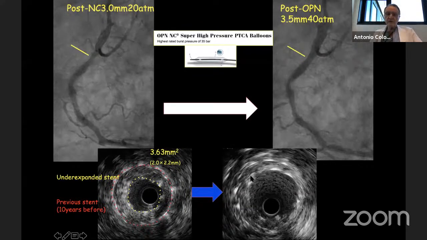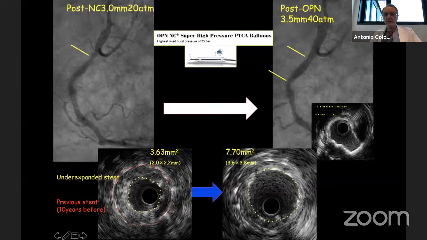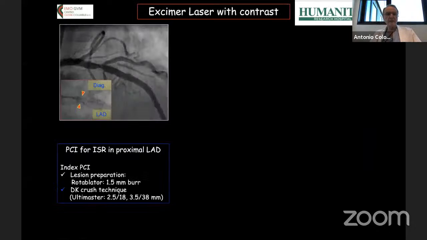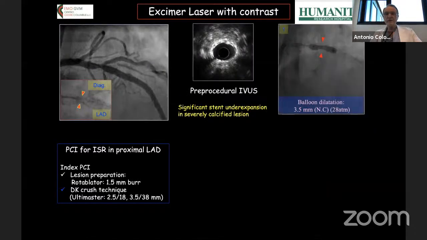This is not always free of complications. Sometimes you may have a vessel rupture. So be a little bit careful, especially about sizing when you use the super high pressure balloon. ELCA, laser: you don't really need to have laser in the Cath Lab, but just for the sake of completeness, when you have stent under expansion, you can go with laser inside the stent and inject some dye.